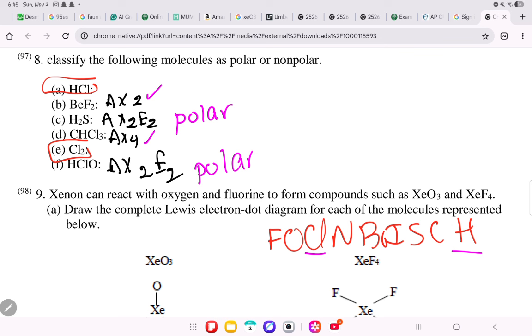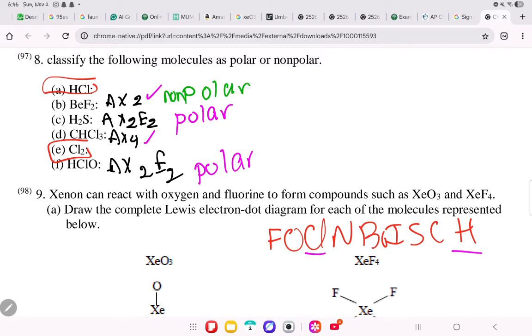Now, for these, we need to see if they have the same atoms everywhere. Here, look what we have. We have Be, F here, and F here. So the electronegativity of Be–F is gonna go like this and like this, but because they are symmetrical and the same atom, they're gonna cancel each other out. So that's why we will say that this one is non-polar.